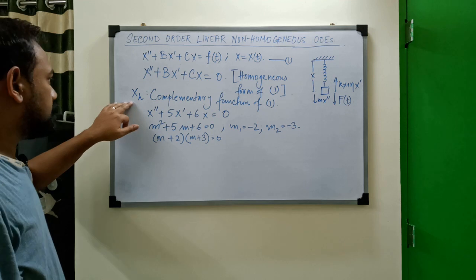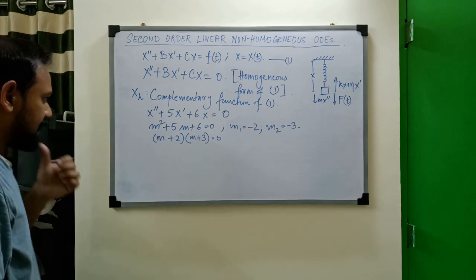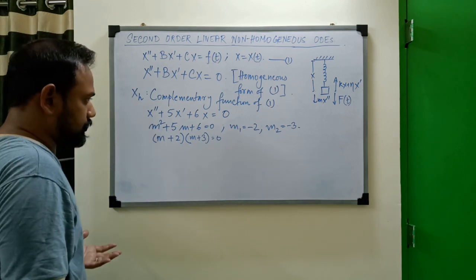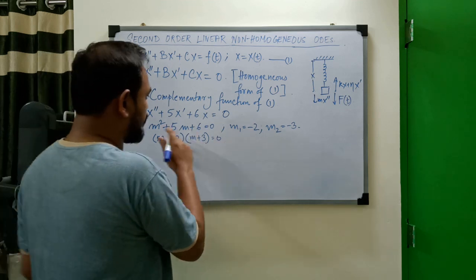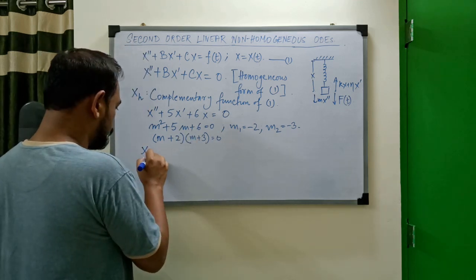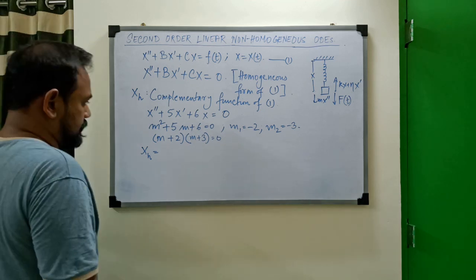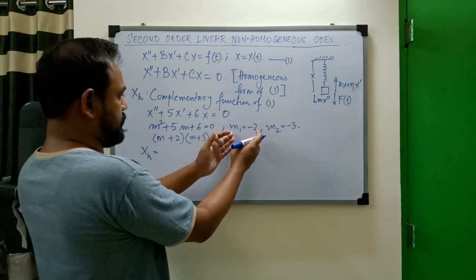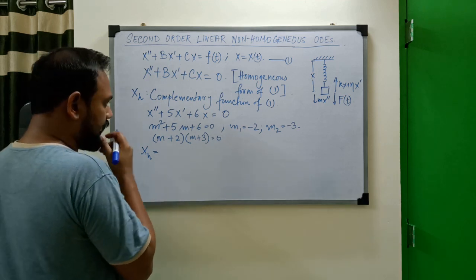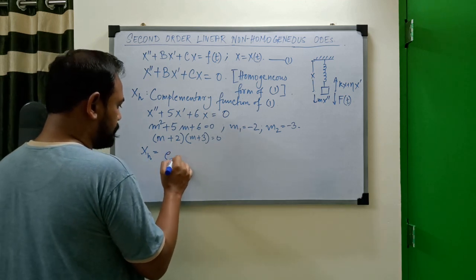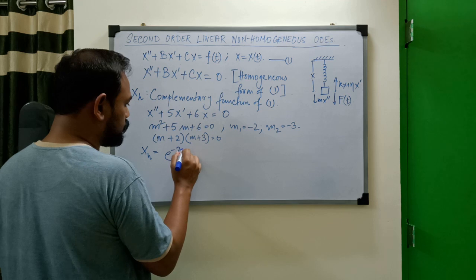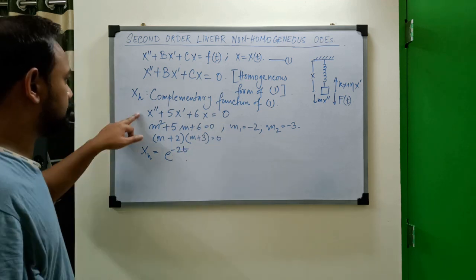So for example, in this case xh was, well, it can be one of them. I can have e to the power minus 2t, for example. This is a solution for this.